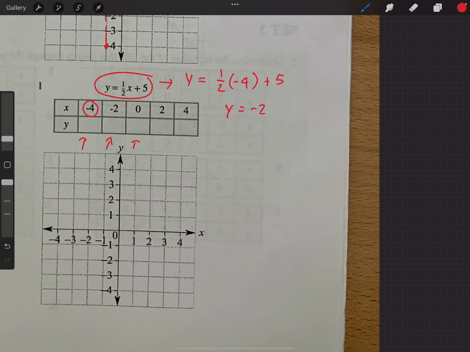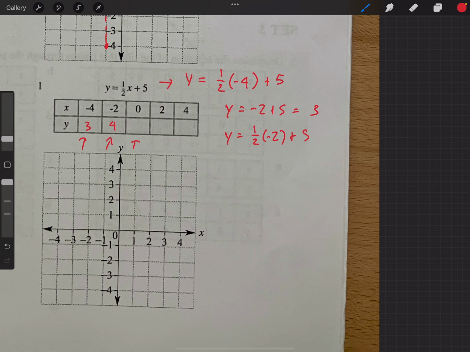That's minus 2. Minus 2 plus 5 equals 3. So this answer here will be 3. Next one, when x equals minus 2 now. So it'll be a half of minus 2 plus 5. A half of minus 2 is minus 1. Minus 1 plus 5 is just 4.